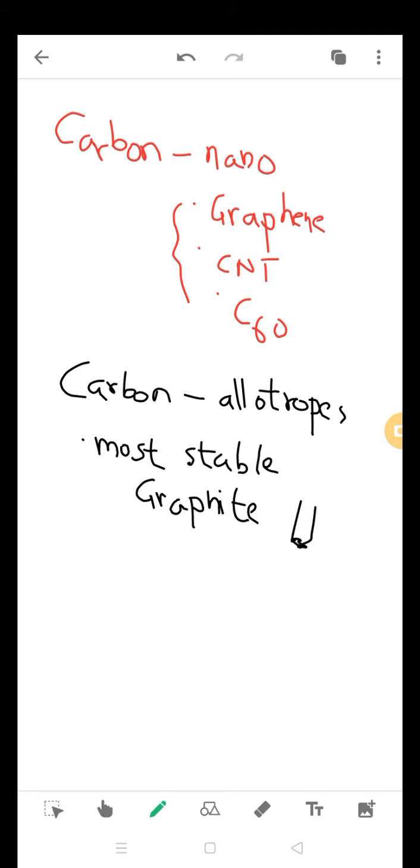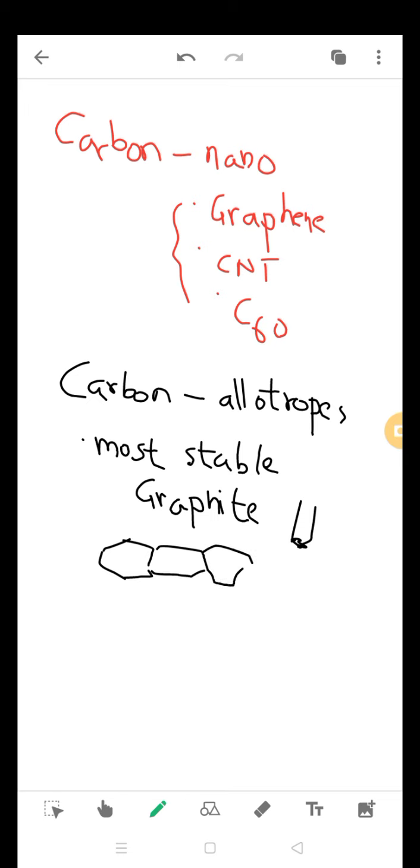Now, if you look at the structure of graphite, it actually forms as multi-layers of carbon monolayers.